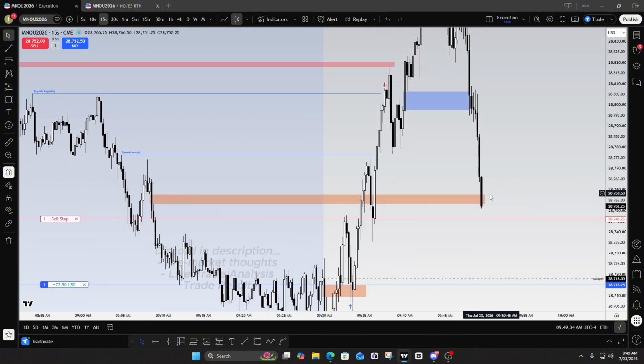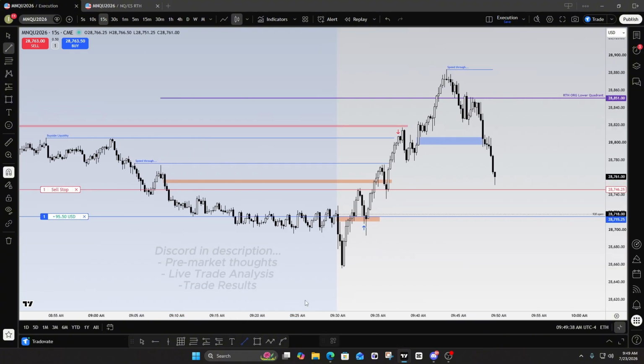That's where I have my stop adjusted, the order block within that inversion fair value gap. So now I want to see that hold price, and that's my final straw.